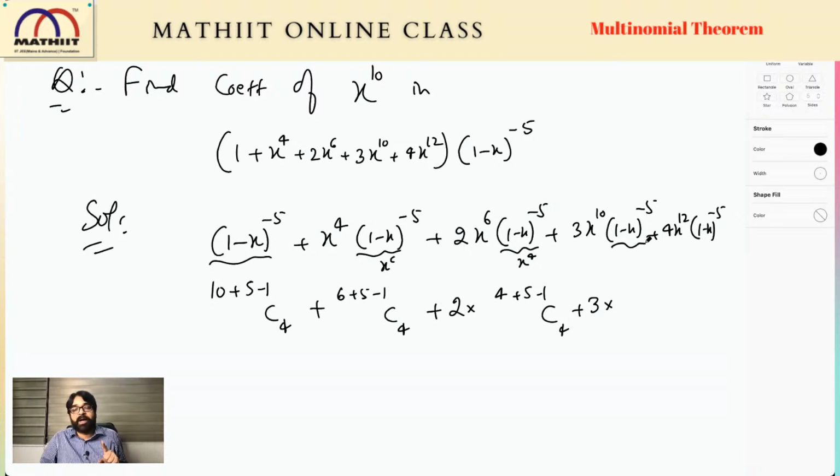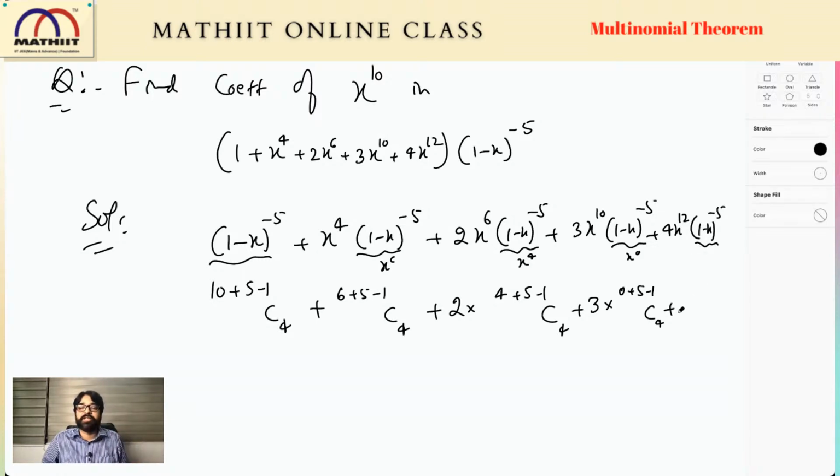You should not provide anything, meaning you should provide x power 0. So what will that be? 0 plus 5 minus 1, C 4. Plus x power 12 is there. I have an excess, but I want only x power 10. So this should provide x power minus 2. Impossible. This cannot provide negative powers of x, as I already told you.